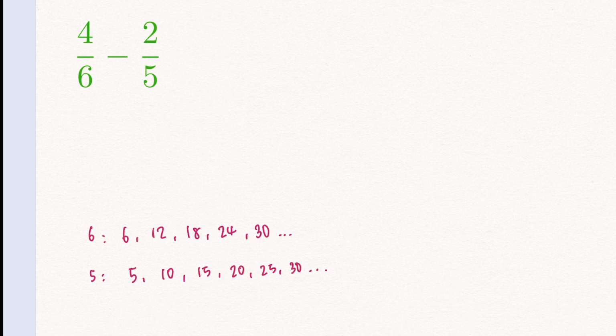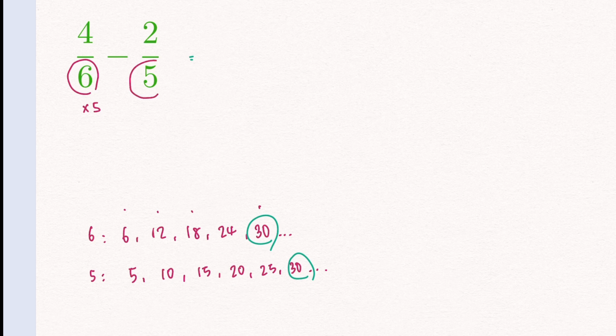And it goes on. And as we found out previously, the common multiple of 6 and 5 is 30. So going back to how we did it before, you have to think about what you need to times to the 6 to make it become 30. And you know it's going to be 5 because 6 times 1 is 6, times 2 is 12, 6 times 3 is 18, and 6 times 5 is 30.